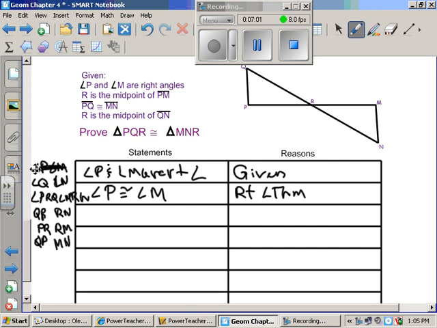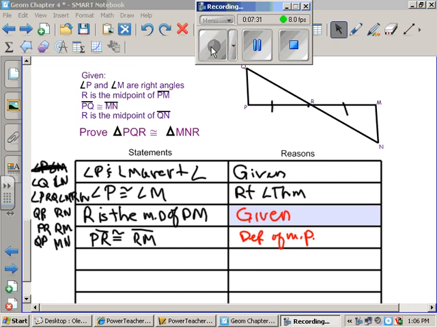That's 1. The next one is R is the midpoint of PM. Okay, so here's R, there's PM, so that means I can say that PR is congruent to RM by the definition of midpoint.